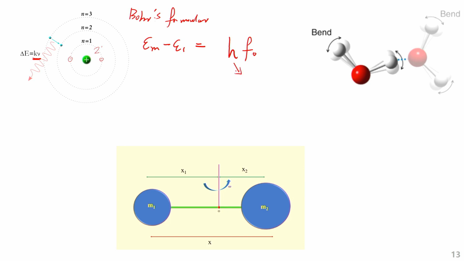So it is a constant here. For the proposal of this parameter, Planck got the Nobel Prize, of course. So this is for the electronic energy, and here is the vibrational energy.